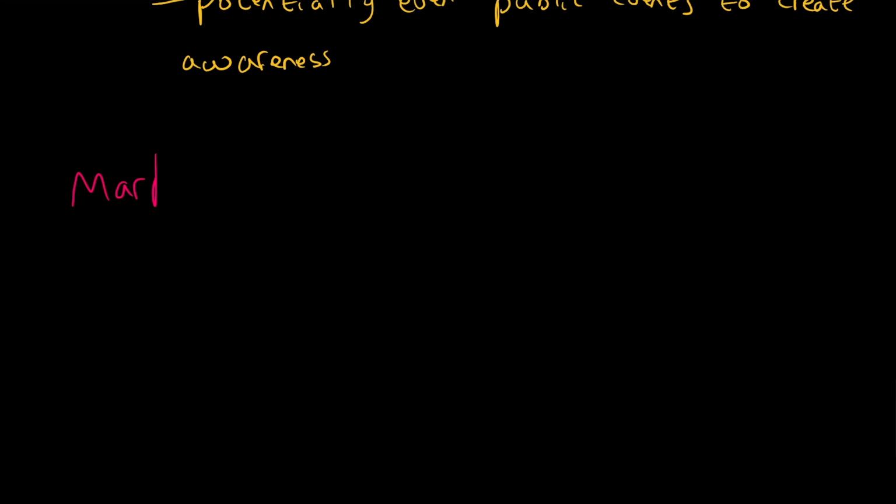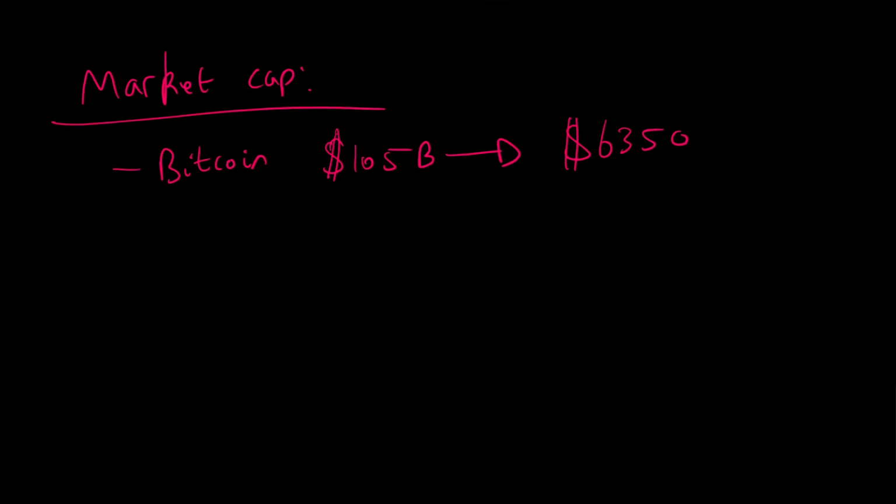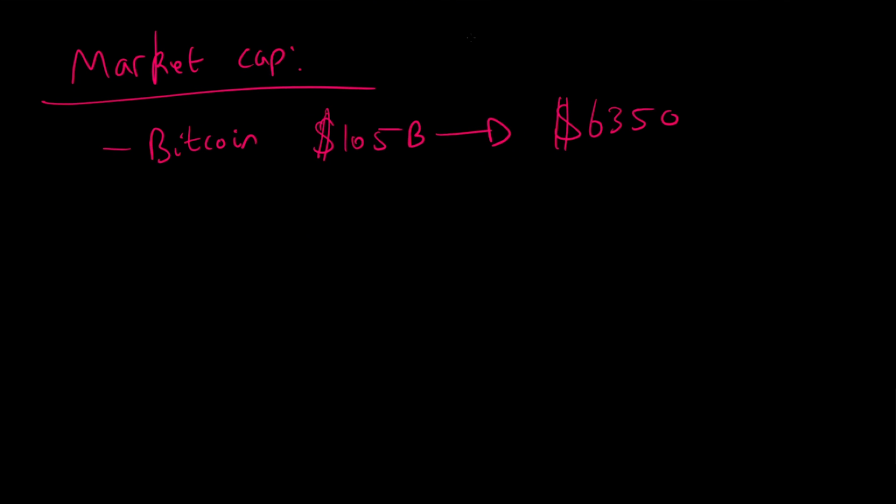And in terms of market cap, I know a lot of people are interested in this. This is one of the first things I check out. Bitcoin has a market cap of 105 billion, with each coin as of now being worth $6,350. Yowza, worth a lot.